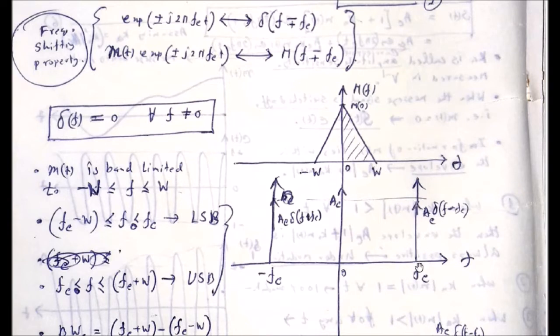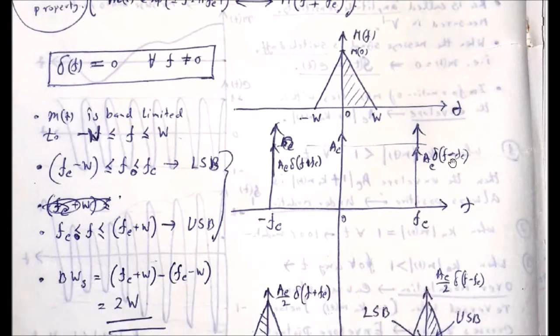It should be centered at fc, and its form should be delta(f minus fc), because if the delta function is at the origin, it is regarded as delta(f). If it is time delayed, then it will be delta(f minus fc), and if it is time advanced, then it should be delta(f plus fc). So this one is the carrier frequency, and its mirror image is here at minus fc.